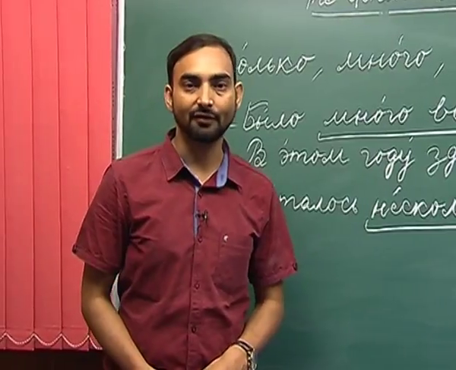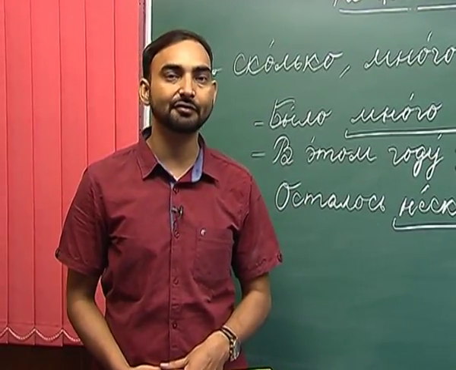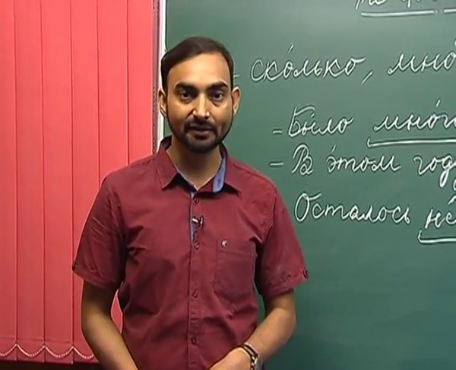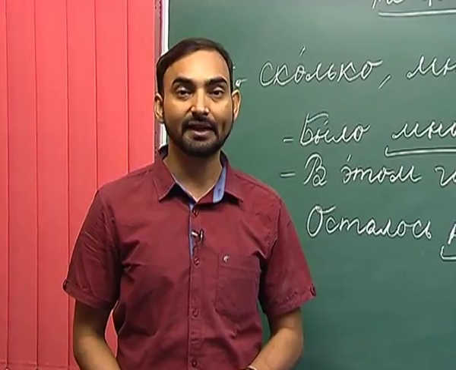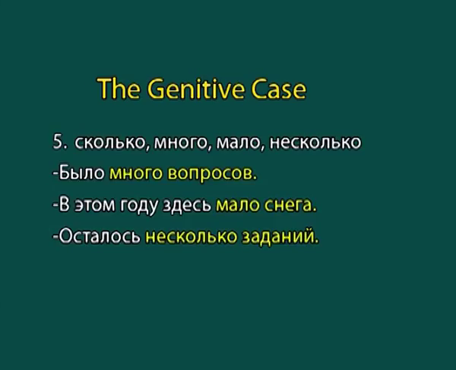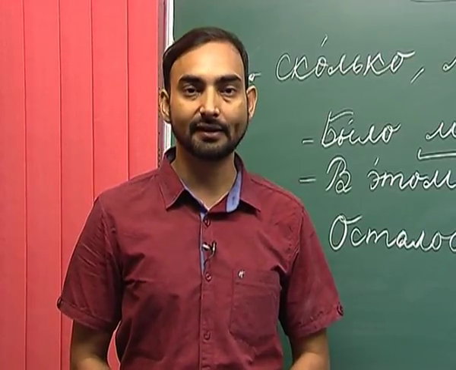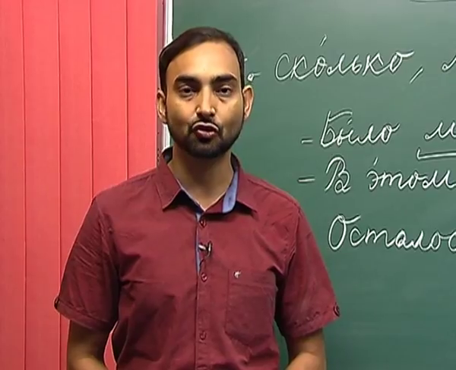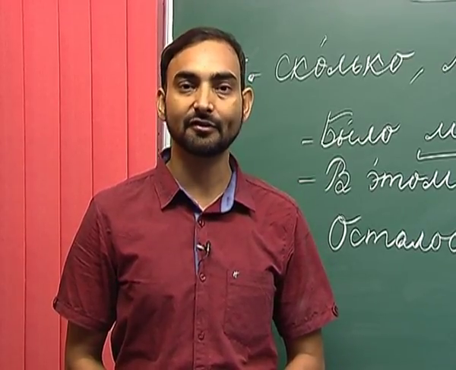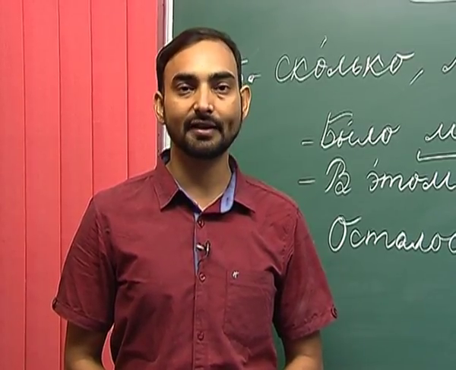So, now we have already discussed some of the important uses of the genitive case. In the next lesson we will learn about the declension of nouns in the genitive case. So, this is all for today. What all we have learned today? We started the lesson with the conjunction chtoby, and then we introduced to you the genitive case of nouns where we learned the uses of genitive case.